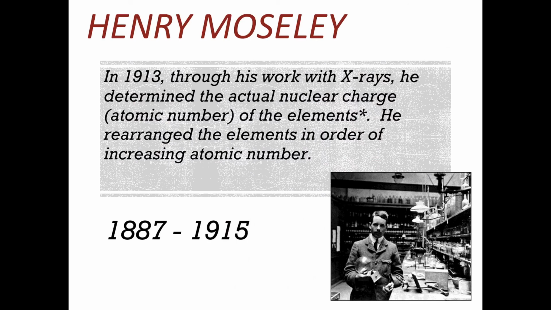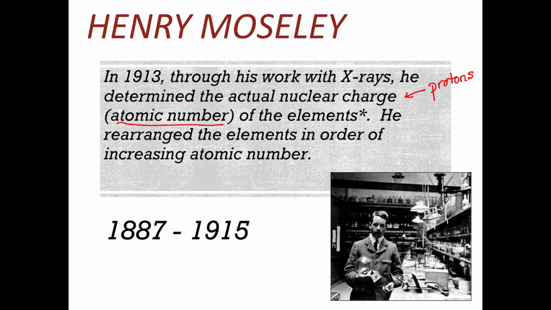He did this work with X-rays and he determined the actual nuclear charge. And the nuclear charge, anytime you hear us talk about that, that's just talking about the number of protons, right? It's the charge of the nucleus. The nucleus is positively charged. And so that's talking about the number of protons or the atomic number. But he figured out the actual nuclear charge of the elements, how many protons are in those atoms.